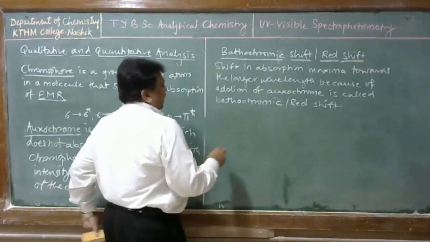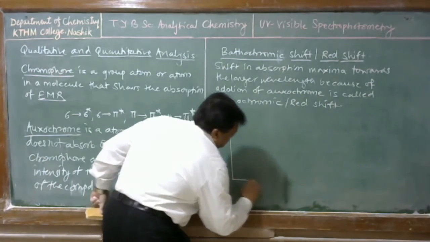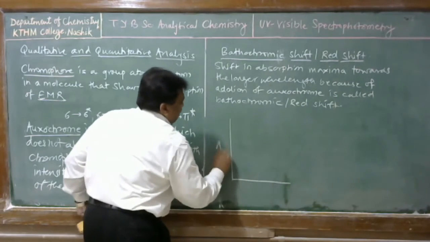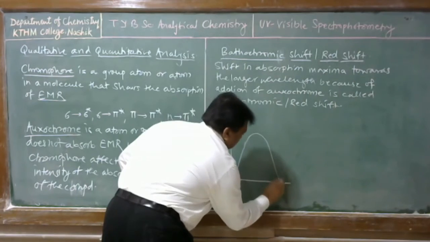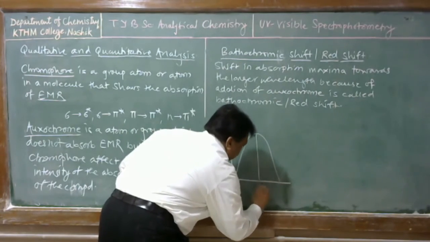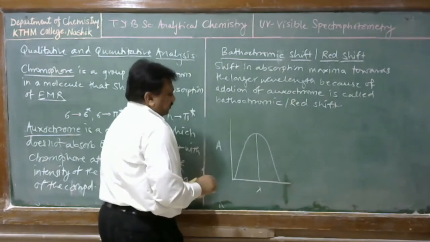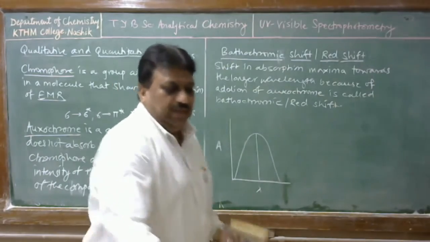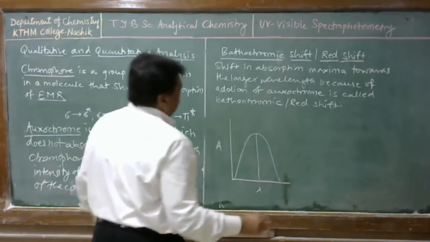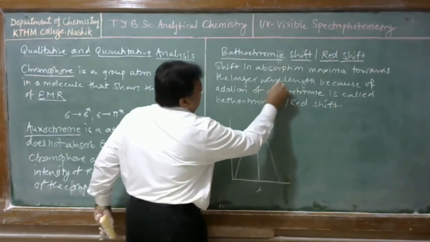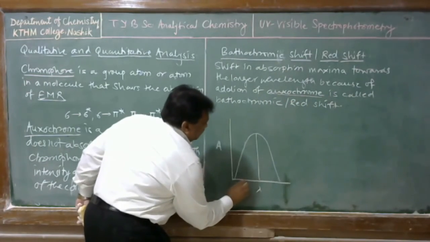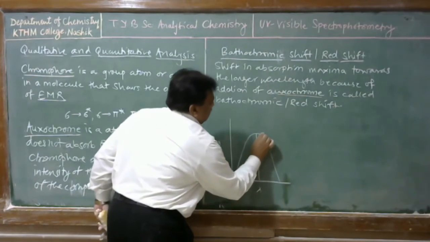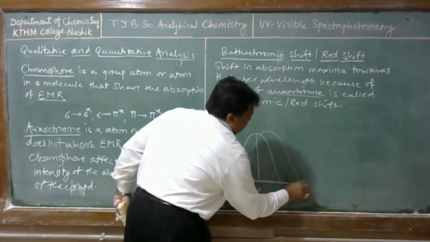For example, here this is the absorbance and this is the absorption of a particular compound at this wavelength. If we add an oxochrome to this molecule, then this absorption spectrum gets shifted towards the longer wavelength like this.